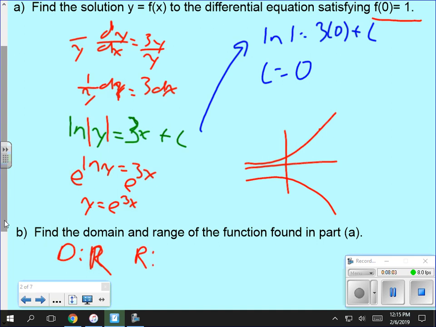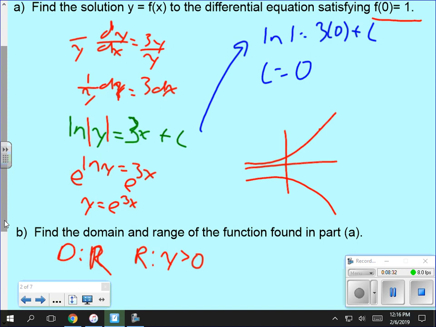y is greater than 0. And that's strictly because of my original condition. If I had different numbers from my original condition, my domain would still be the same. My range might be less than 0 based on my initial condition.